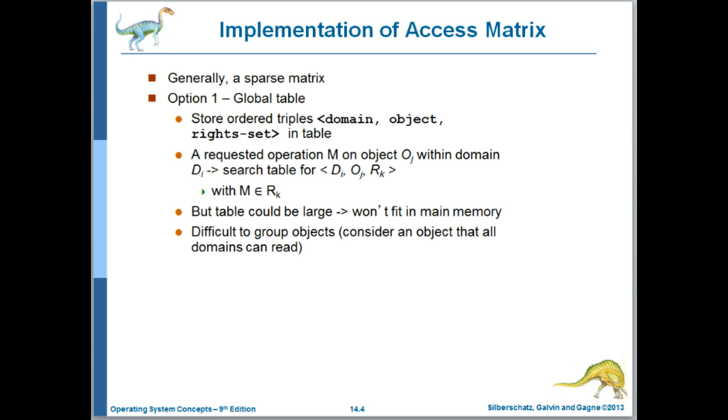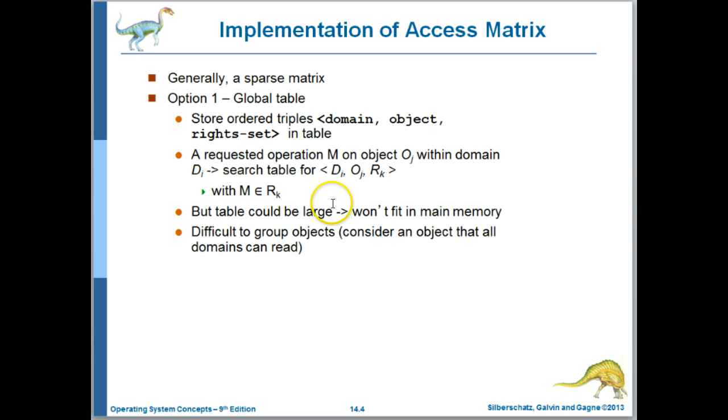So in terms of an implementation, we could use a global table where what is stored are, in essence, the elements of the matrix: ordered triples of domain, object, and right set, which is the element data within the access matrix.